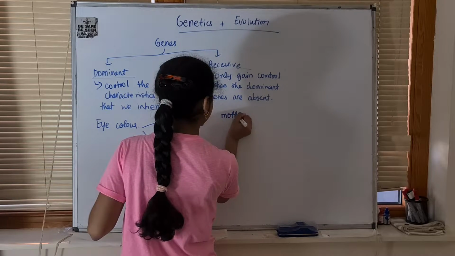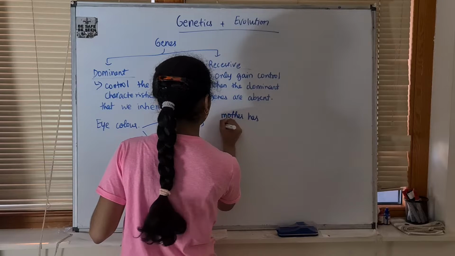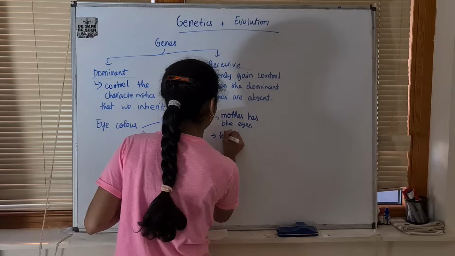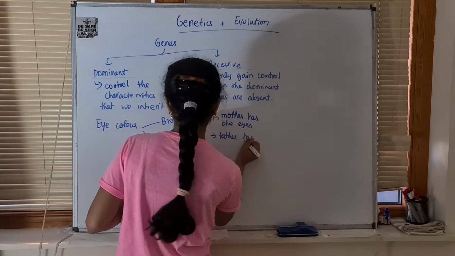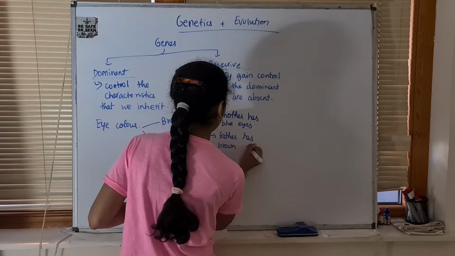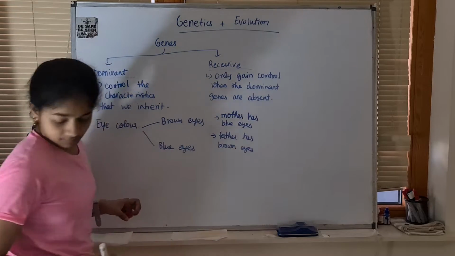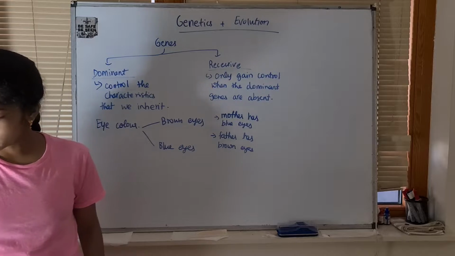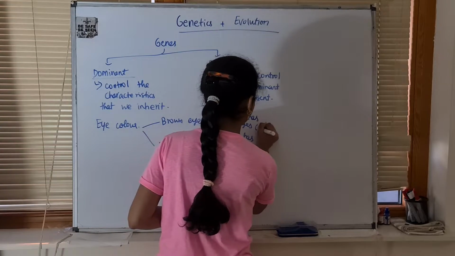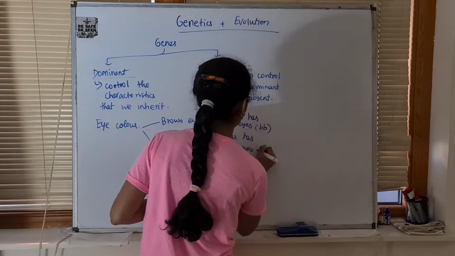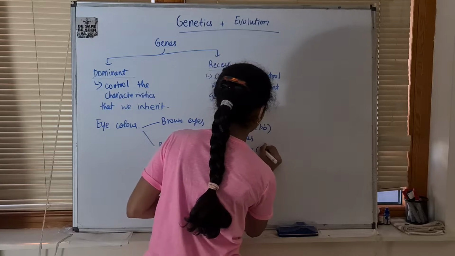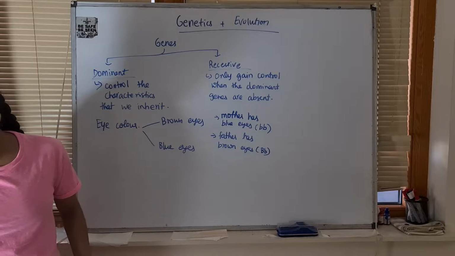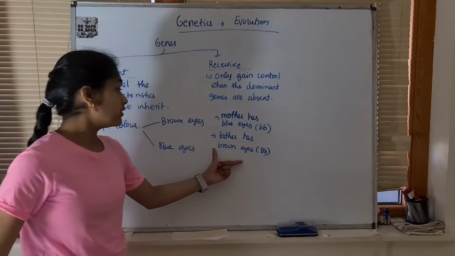In the question, it's also given that blue eyes is small b, and the father has brown eyes, which is capital B, small b.